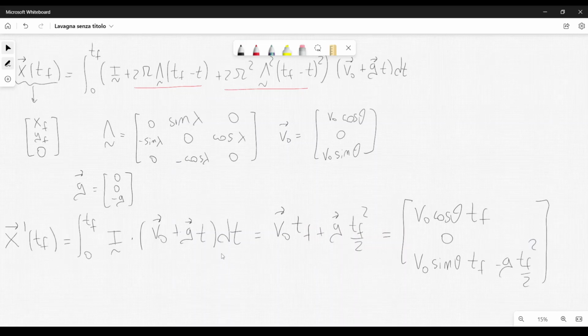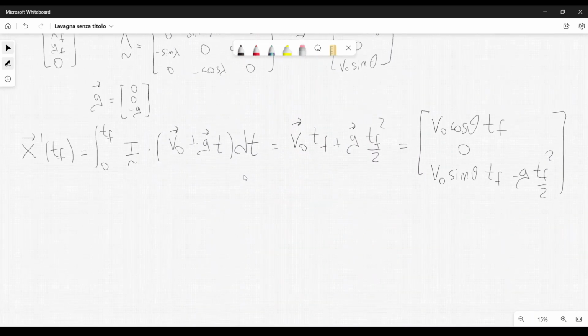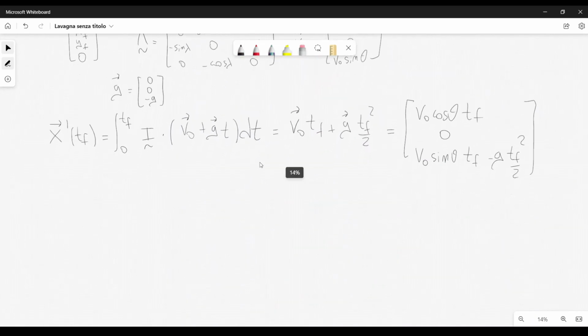Now, since we want to find the deviation of the projectile with respect to the position in which the projectile would hit the ground if there were no Coriolis force, we can also rewrite the problem like this. We can rewrite it as x of tf minus x prime of tf.